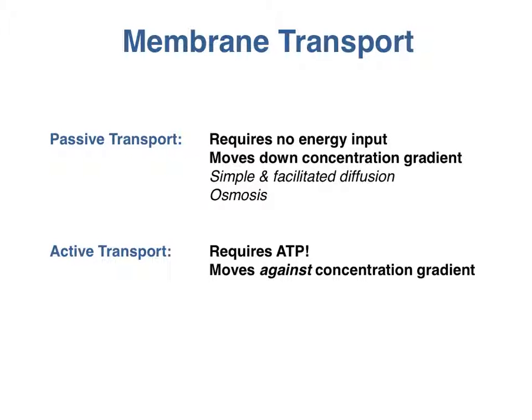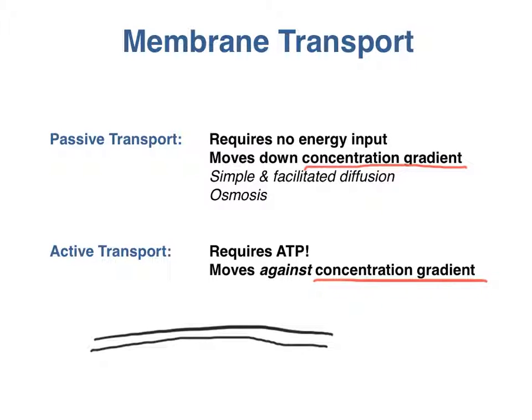Part of understanding the difference between passive transport and active transport is understanding the idea of a concentration gradient. So when we're talking about membrane transport, a concentration gradient basically means that you have a difference in concentration of a substance across the membrane. So let's say we've got an ion.